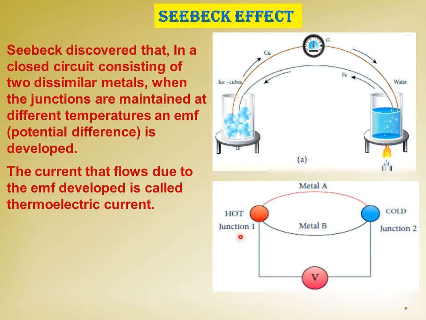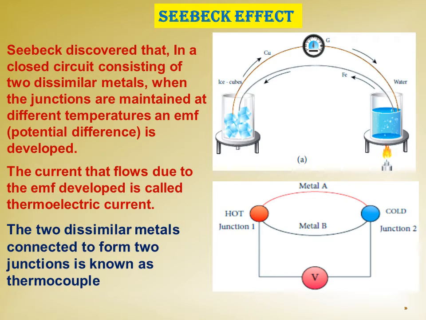You can see hot junction 1 and cold junction 2, metal A and metal B. We measure the current through the voltmeter. The two dissimilar metals connected to form two junctions is known as a thermocouple. If the hot and cold junctions are interchanged, the direction of the current also reverses.